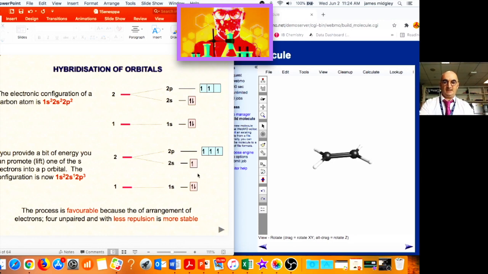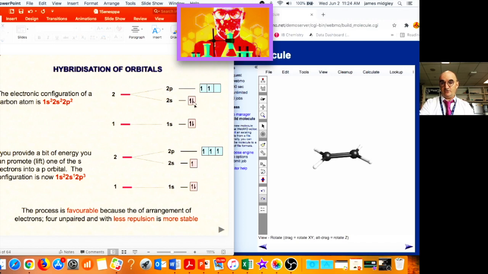A 2s electron, this one that was here, can jump from here into the p. So now instead of 2p2 we have 2p3. Instead of 2s2 we have 2s1. It is favorable because the arrangement of unpaired electrons with lesser repulsion is more stable.